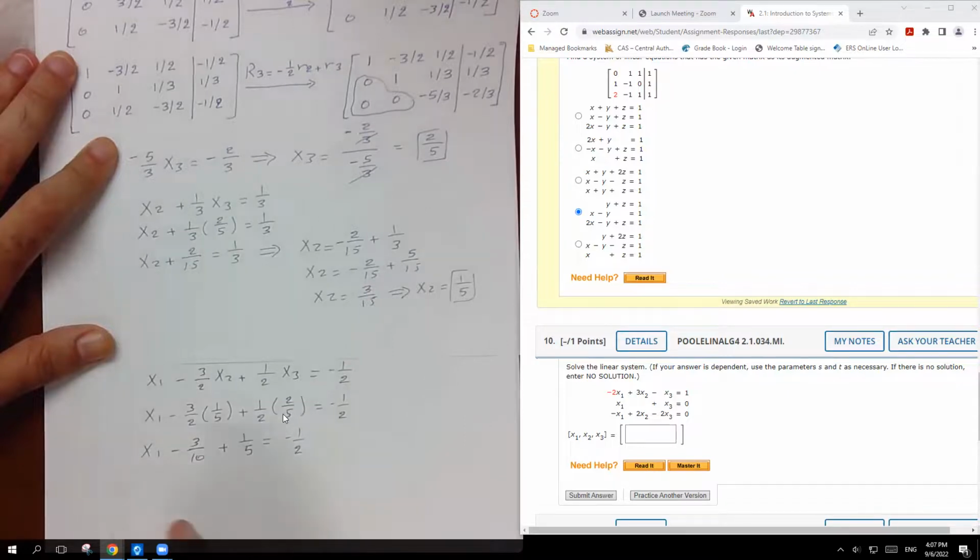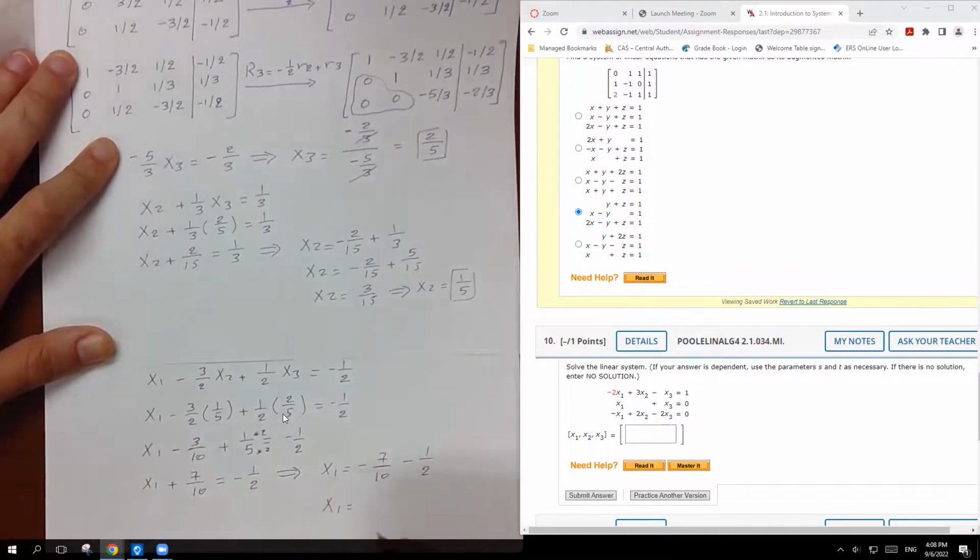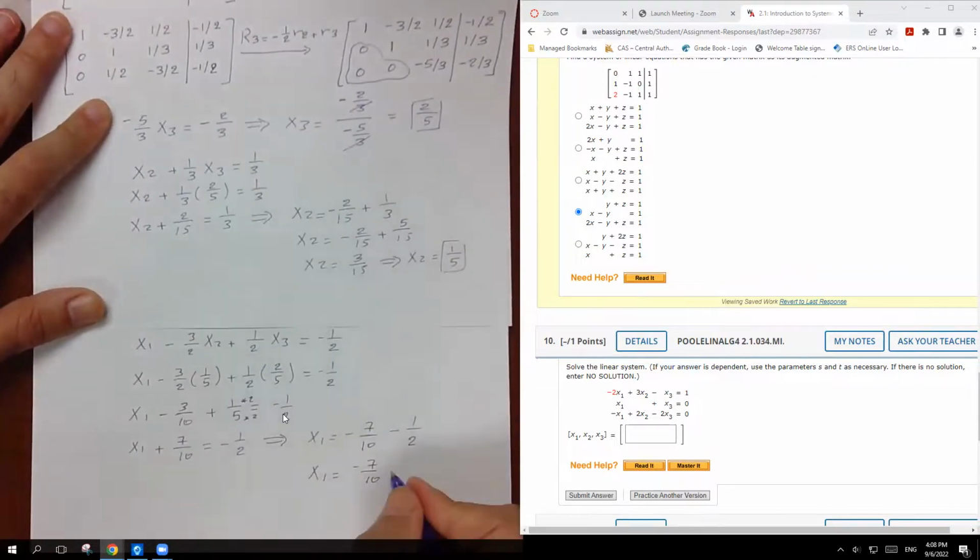Let's add these together. x1, I'm going to multiply this one by 2 and this one by 2, so it's going to be 10 minus, going to be plus 7 over 10 equal negative 1 over 2. That means x1 is going to be negative 7 over 10 minus 1 over 2. x1 is going to be negative 7 over 10 minus 5 over 10.